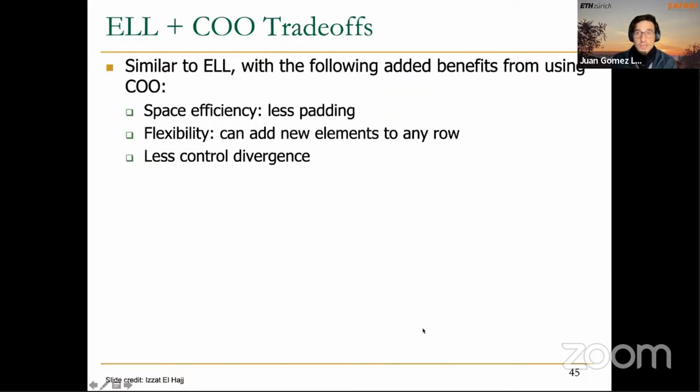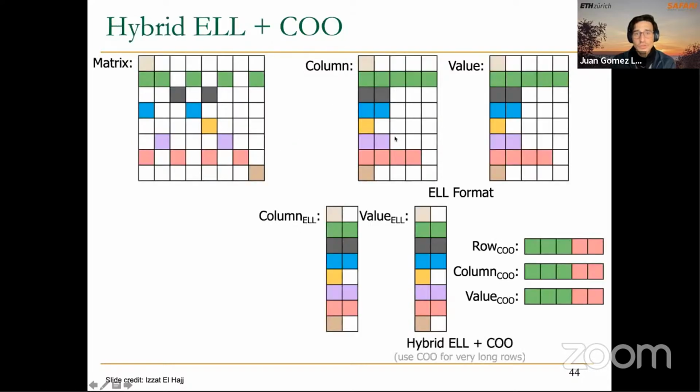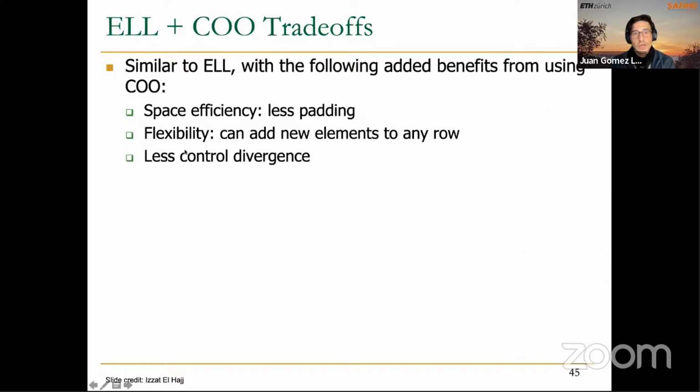So this hybrid format has some extra benefits. The first one is that with respect to ELL, we are using less padding, because now, as you have seen in the previous slide, we don't need to store all these blank elements here, all these empty elements. It's flexible in the sense that we can add new elements to any row.